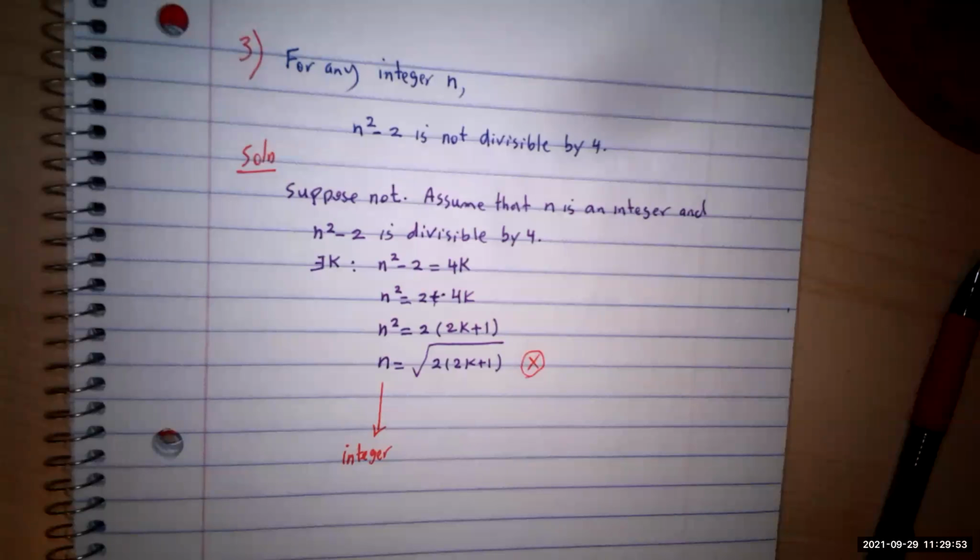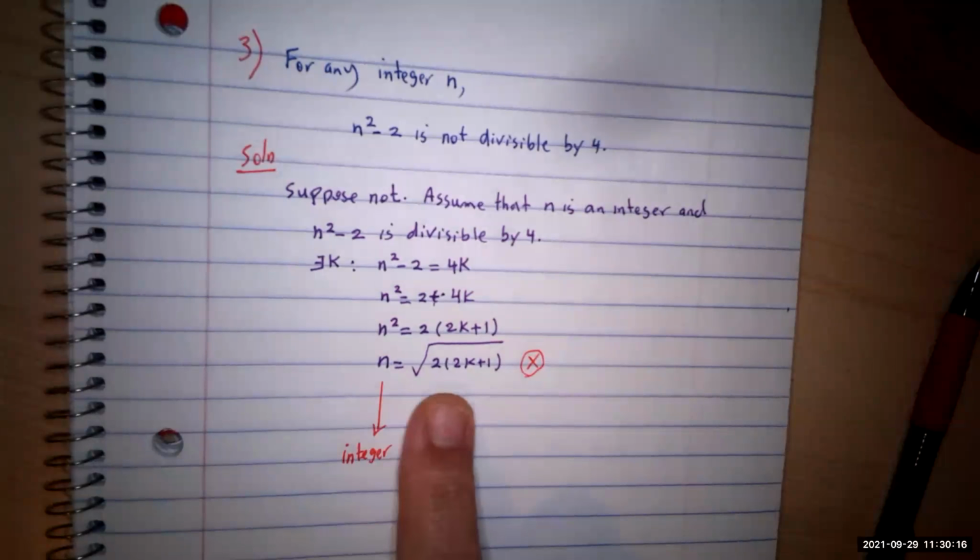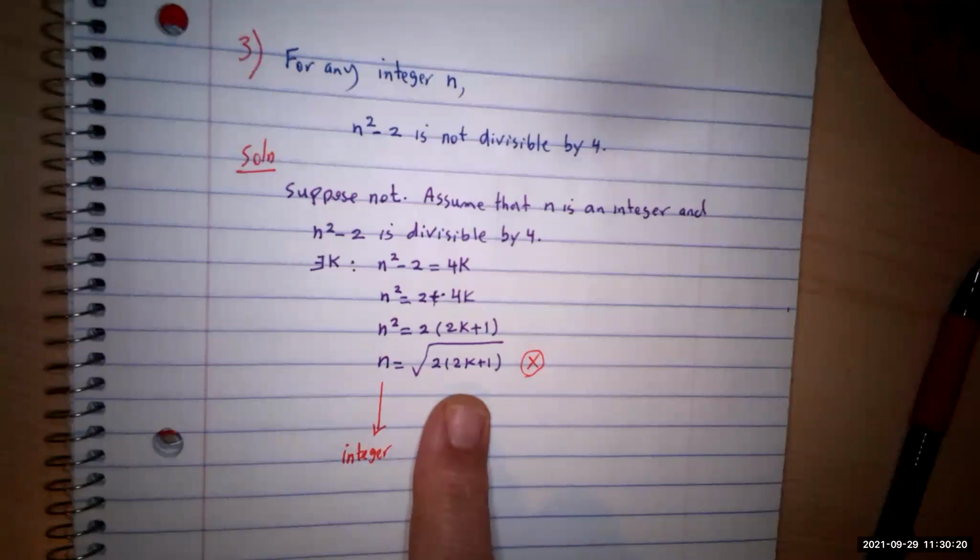Any suggestion? What type of number is 2k plus 1? It's odd. And what type of number is 2? Even. In order to get a perfect square here, both of them must be odd, or both of them must be even.